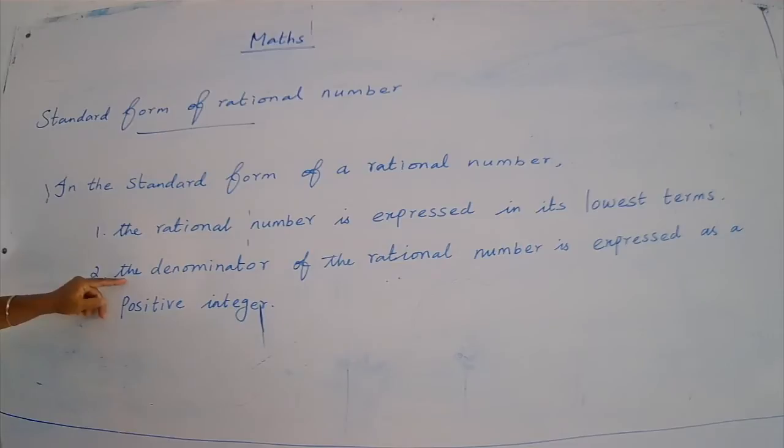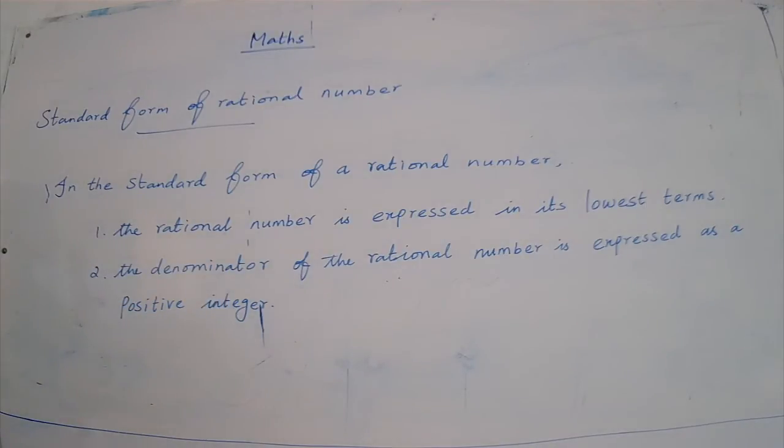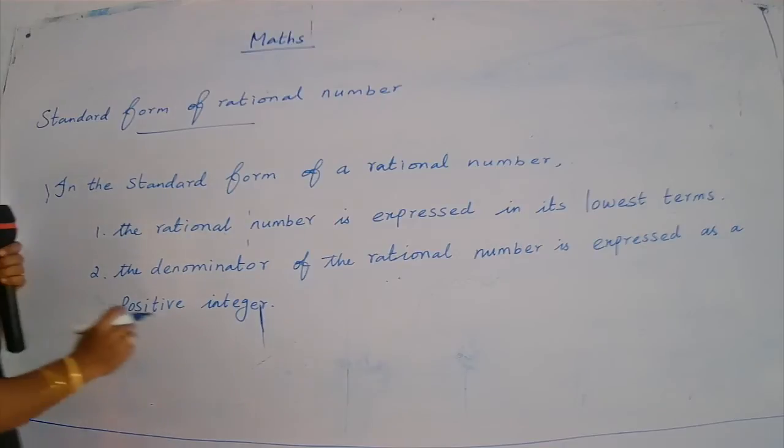The second one is the denominator of the rational number is expressed as a positive integer. Rational numbers are numbers which can be expressed in the form p upon q, where p and q are integers.